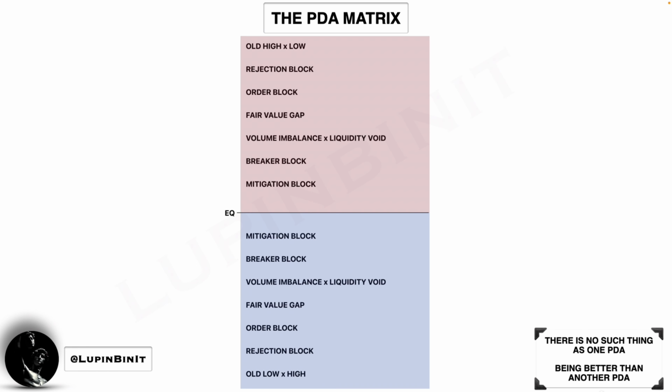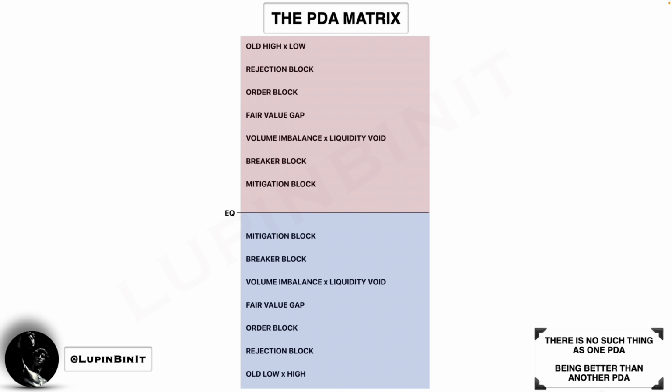The propaganda one may see on social media relaying the fact that X, Y, and Z is the best PDA array or X, Y, and Z is the worst PDA array is false information. Switching the PDA array that you pay attention to is not going to make you a better trader. What makes you a better trader is how you use these PDA arrays during the deliverance of price and how you internalize them.